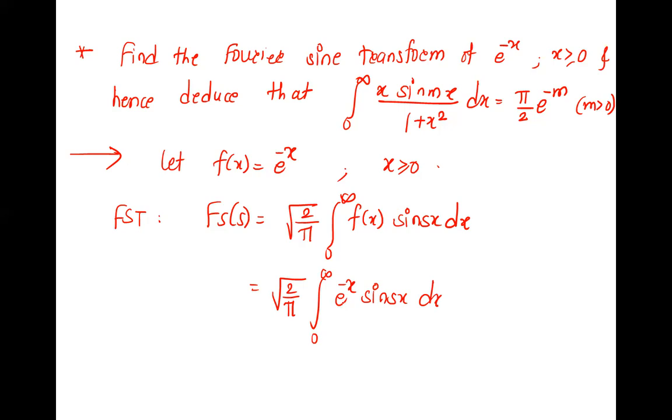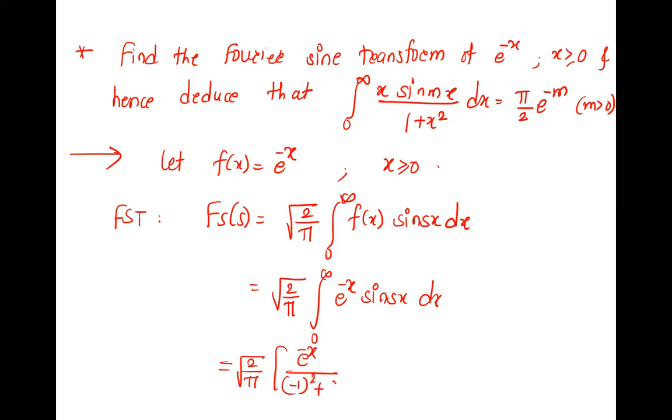Which formula? The one you have just seen: integral of e raised to ax sine bx dx. So it is root 2 by pi, e raised to ax upon a square plus b square, where a is minus 1 and b is s.